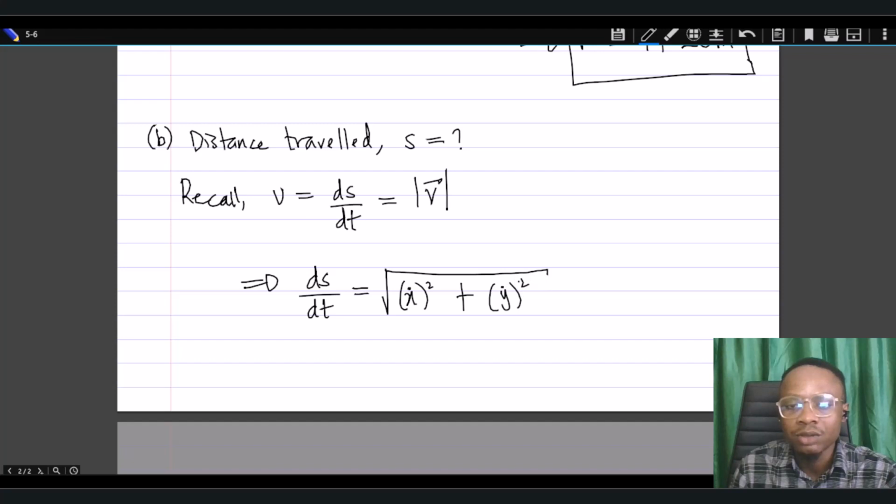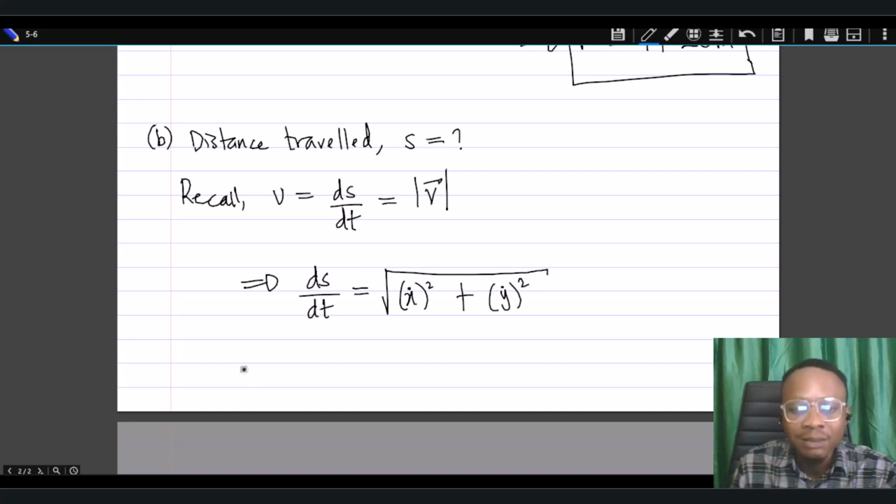Of course, we know x dot is the x component of r when differentiated with respect to time. This is the y component of r when differentiated with respect to time. When we take the square root of the sum of the squares of these, we know that will give us the speed, which is the magnitude of velocity, and which is the rate of change in distance with respect to time.